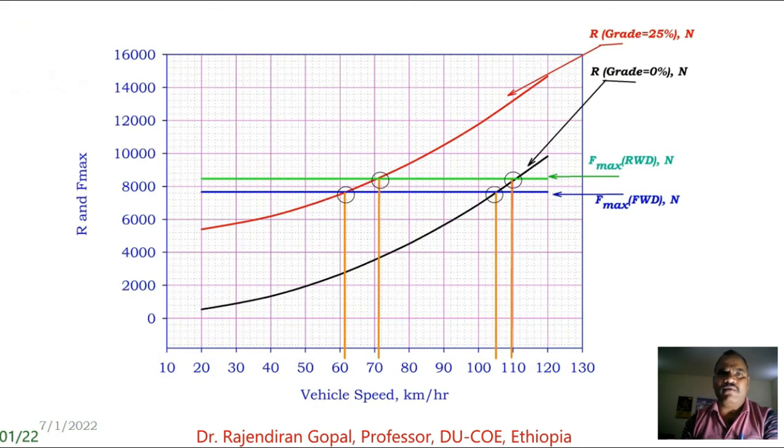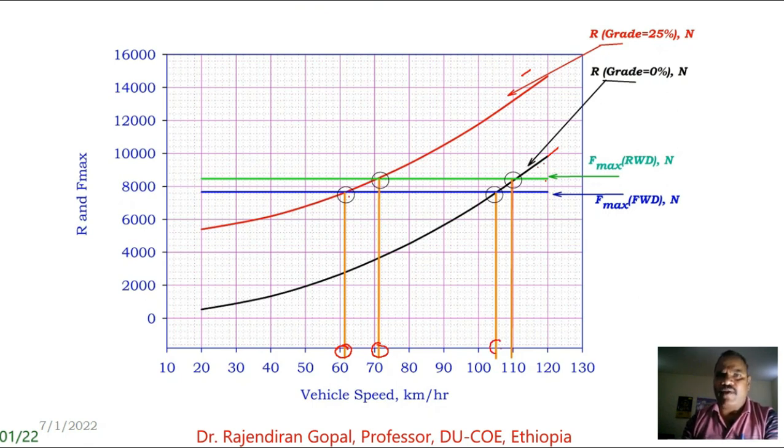Then if you plot this data, this curve is the resistance at grade 0%, and this curve is the resistance at grade 25%. The maximum tractive effort available for the rear wheel drive is indicated in the green line. The maximum tractive effort available for the front wheel drive is indicated here. The line crossing the resistance with the tractive effort here is 71, here is 62 km per hour for the rear and the front wheel drive.